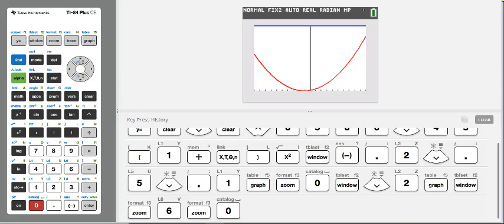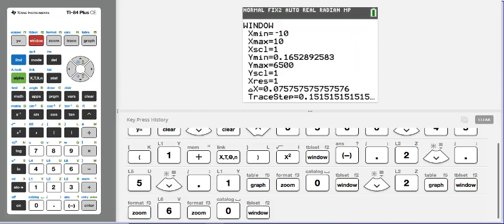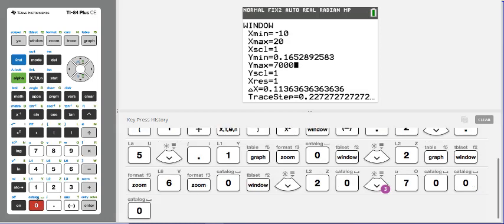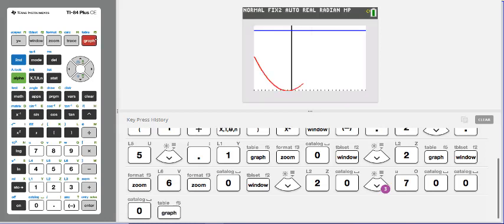So we gotta do a little bit of adjusting here. So I'm gonna hit 20, and I will move this up to 7,000, because I know I got a horizontal line at 6,500. So I want to give a little bit of headroom for that.